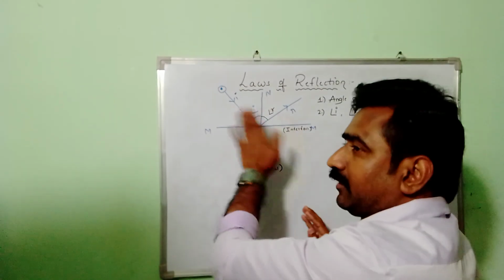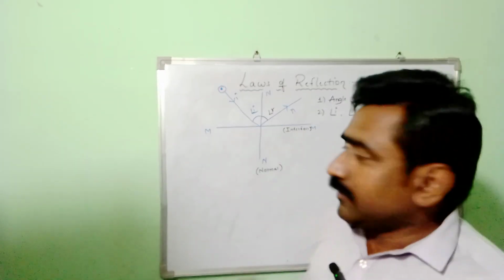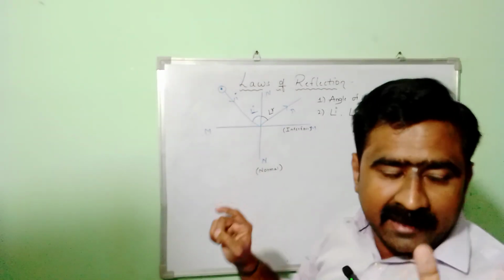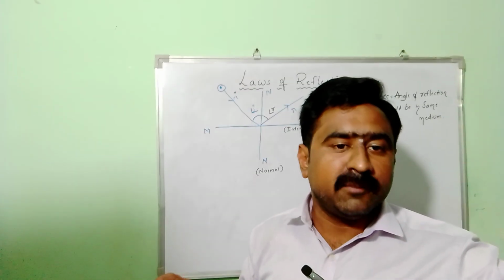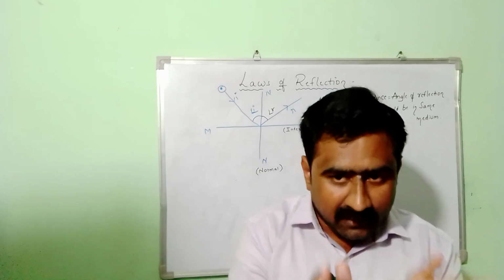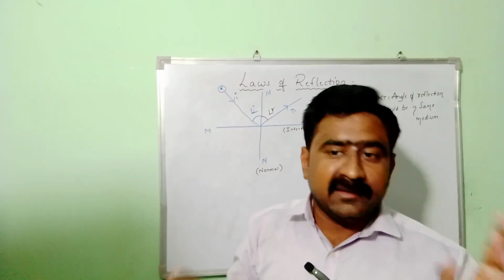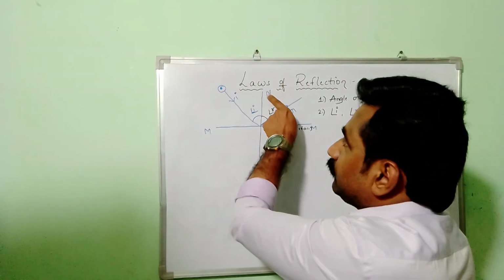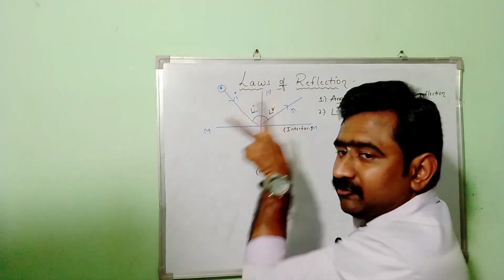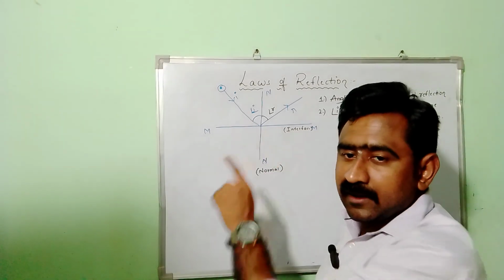From a point source, we are projecting some amount of light with some angle of incidence. I already told you that the angle should always be taken with respect to the normal, not with the interface.